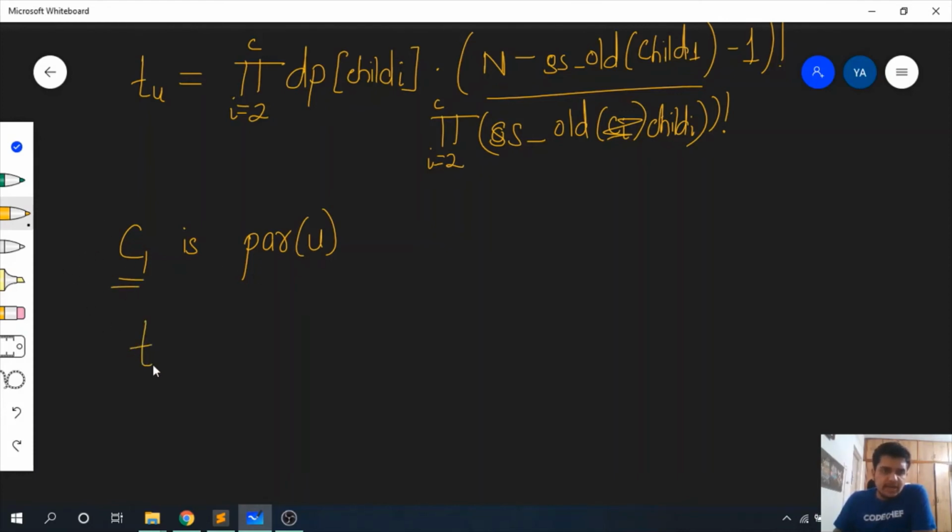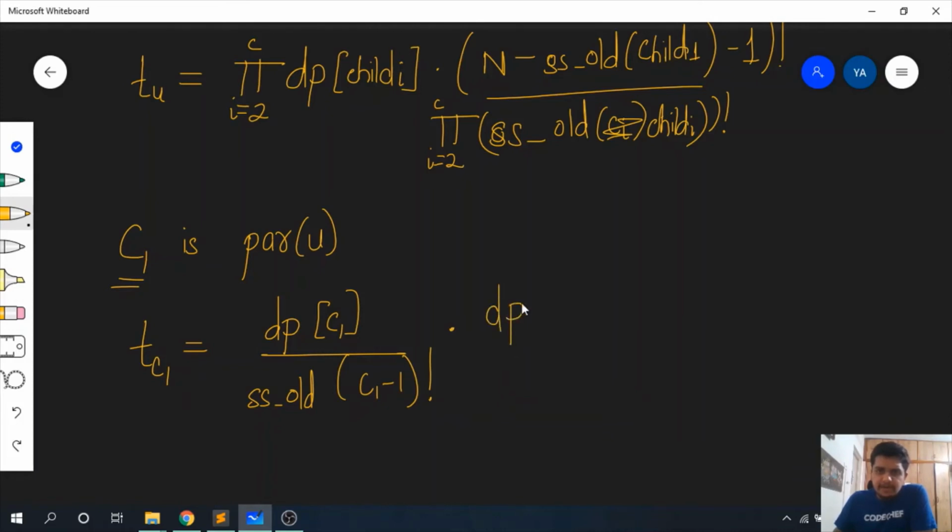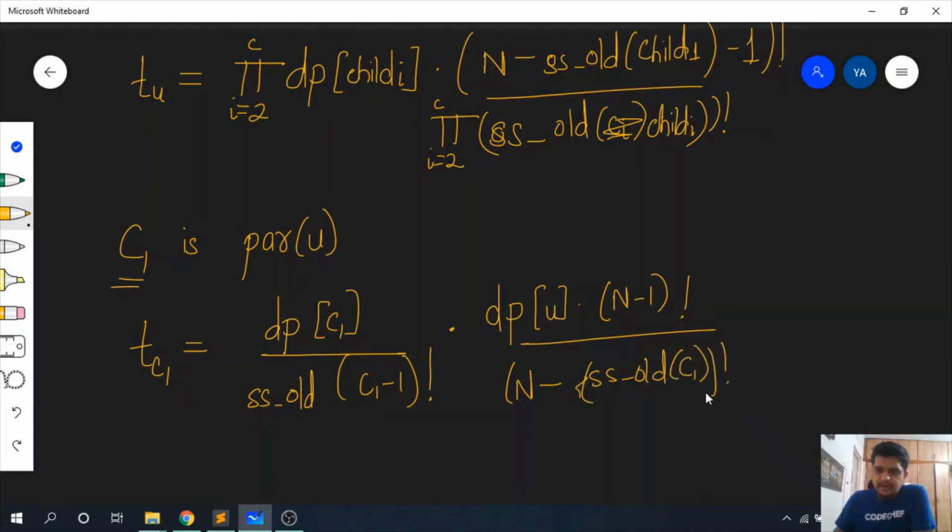Now t of C1 will be equal to dp of C1 divided by ss old C1 minus 1 factorial, into dp of u into n minus 1 factorial, upon n minus ss old C1 factorial, right?